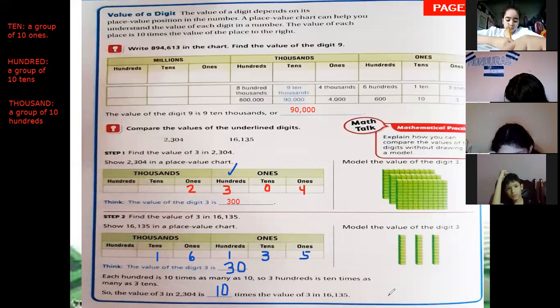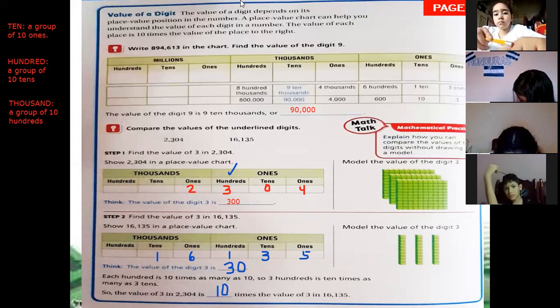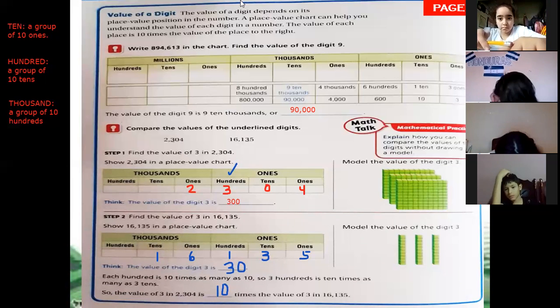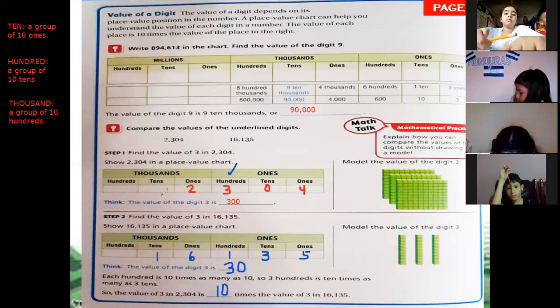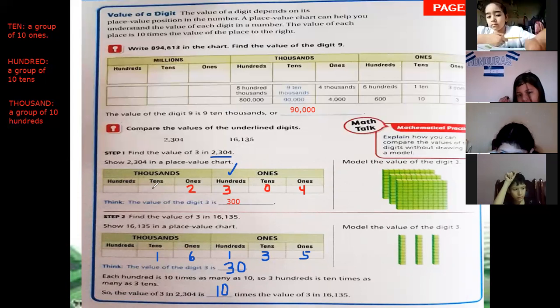Miss, I have a question. Tell me, what is your question? When we don't need to copy in thousands, we don't need to copy in tens and hundreds? We don't need to copy numbers? No, because here, the number we are working with is this, 2,304. If we write other numbers here, we change the value, we change the amount.